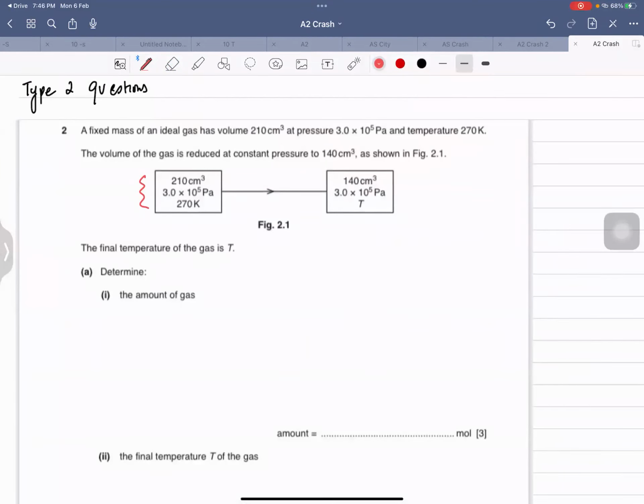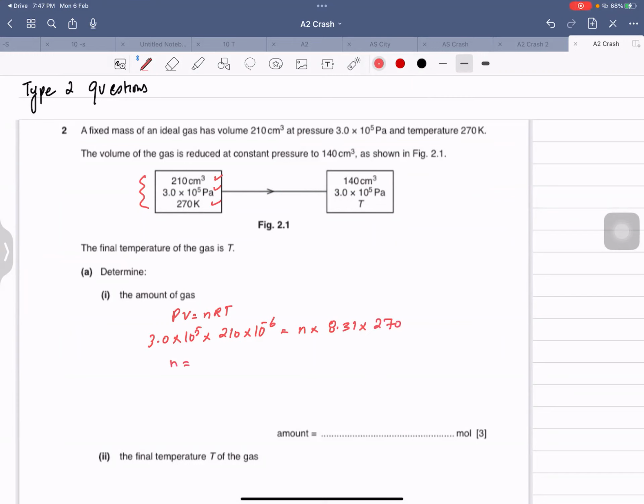So again, you have the pressure, volume, and this, and amount of gas is basically n. So you'll use PV is equal to nRT. The pressure is 3.0 times 10 raised to 5, volume is 210 times 10 raised to -6, and n is what we need to find, R is 8.31, and the temperature is already in kelvins, thanks to them.